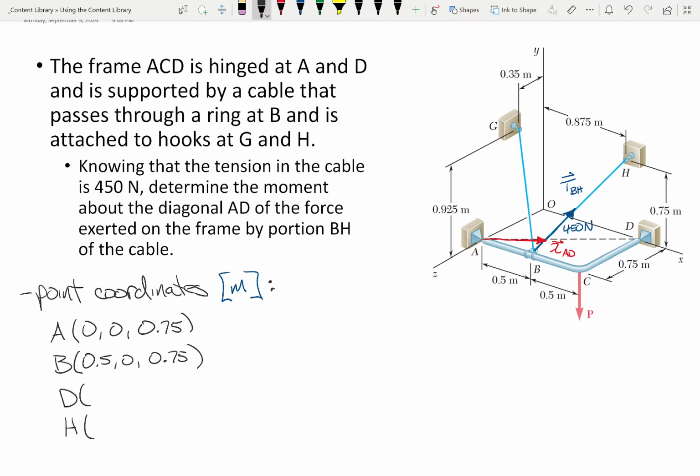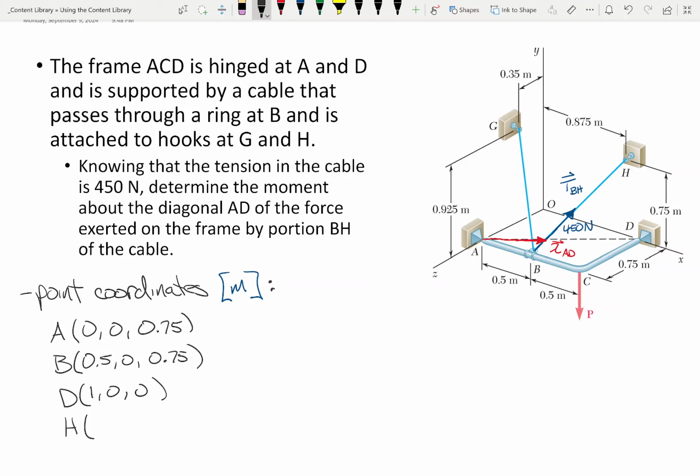All right, what about D? How did you say the axes were again? X, Y, and Z. So what's D going to be? You're right on the Y and Z, but is it 0.75 or along the x-axis? It's 1. Okay.